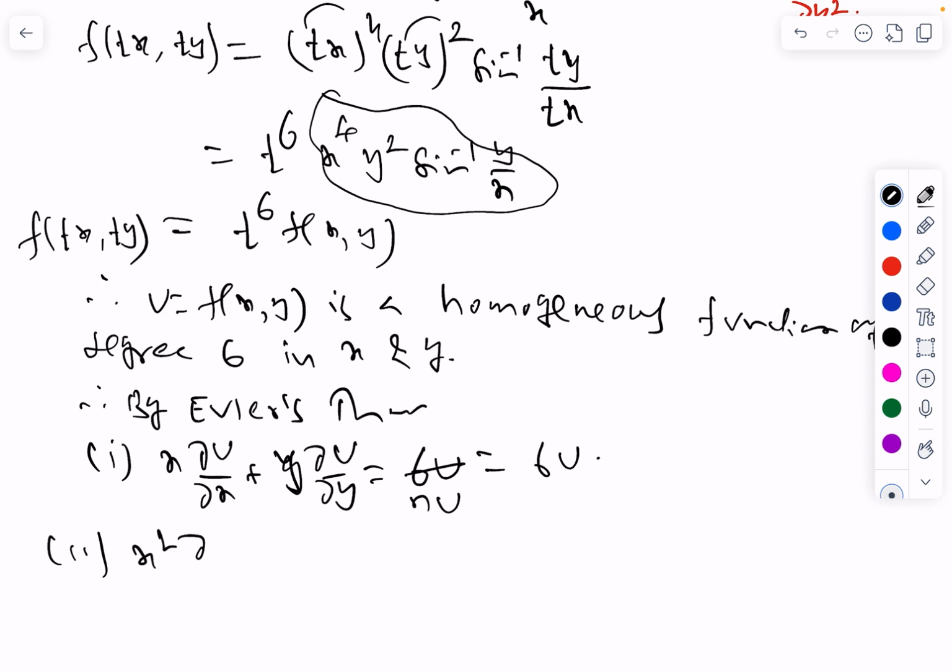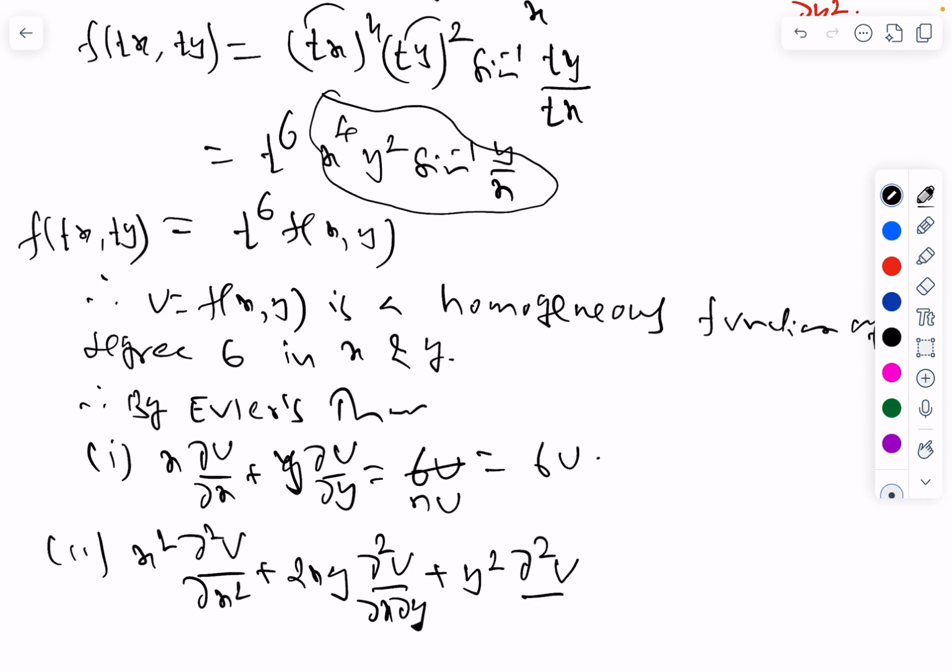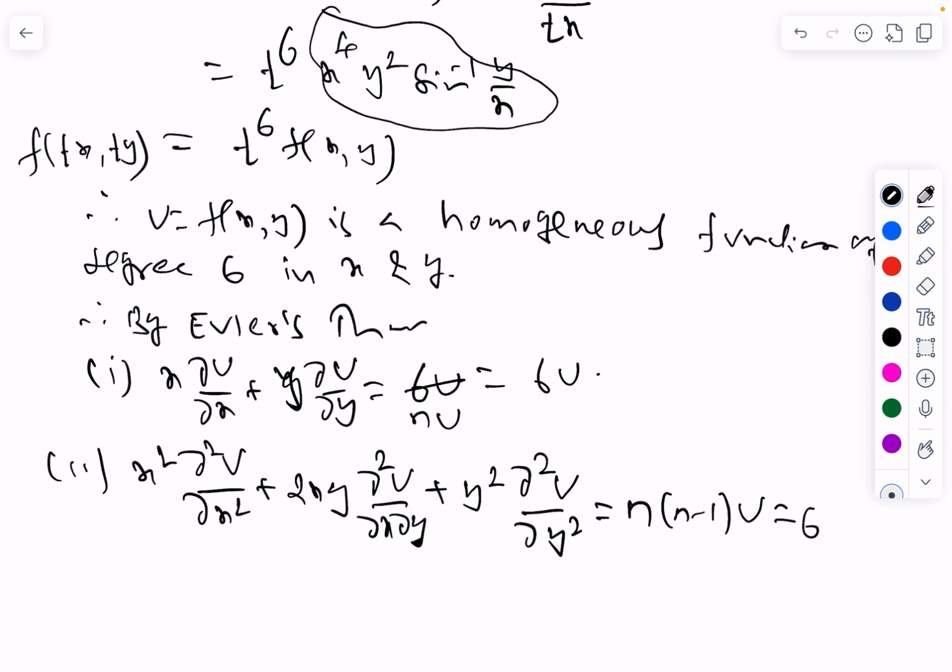Second, x² ∂²u/∂x² plus 2xy ∂²u/∂x∂y plus y² ∂²u/∂y² equal to n(n − 1) into u. So this is 6 into (6 − 1) into u. So that is nothing but 6 into 5, so that is 30 times u.